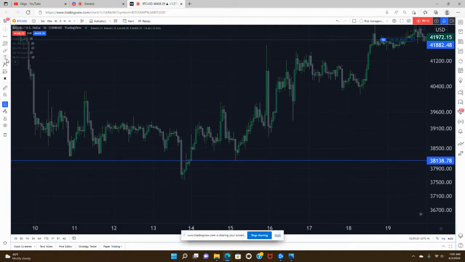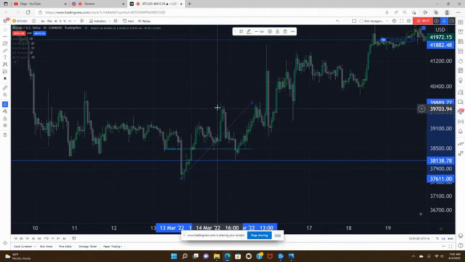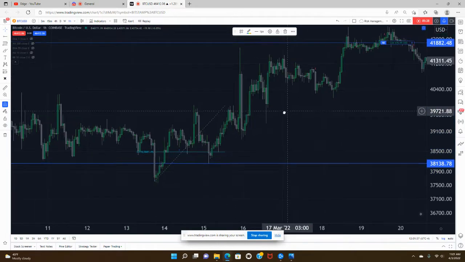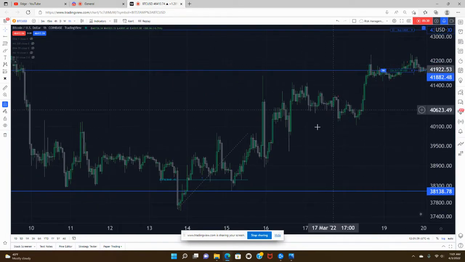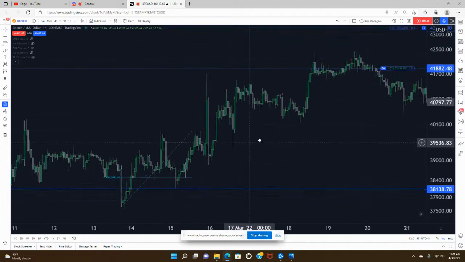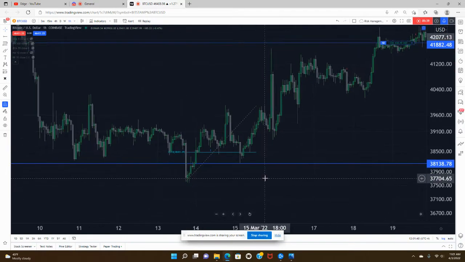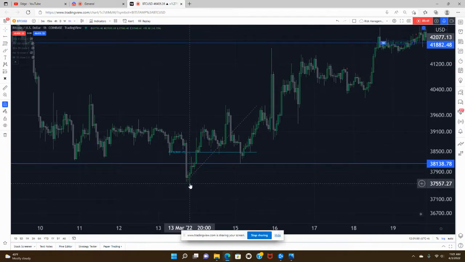So then I was looking for a retracement, and I played a retracement down to a 618. I ended up re-entering near the area where I got stopped out. Not exactly, but around the same area. That's actually where my initial position was. Actually, it was this area down here.